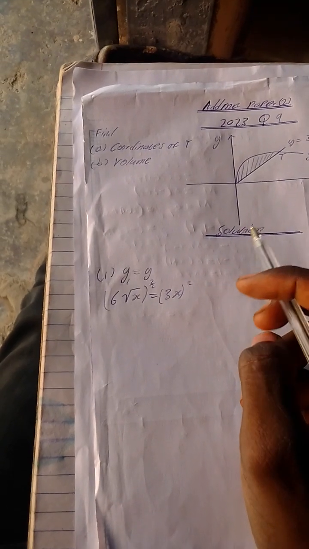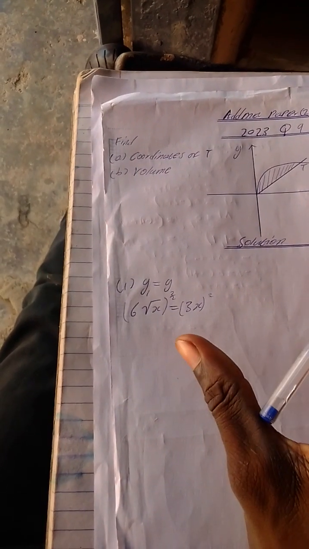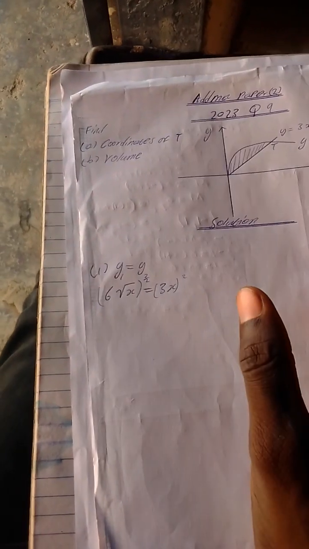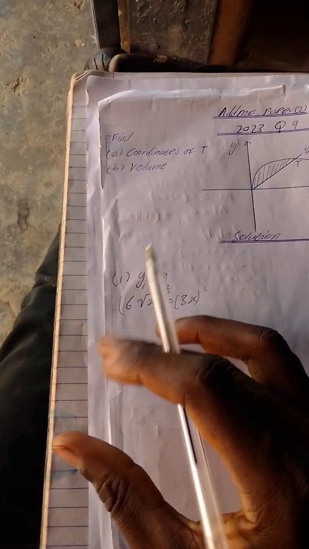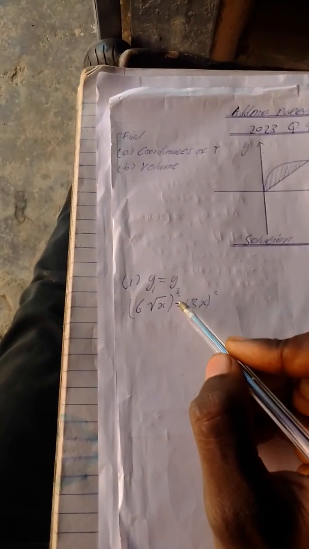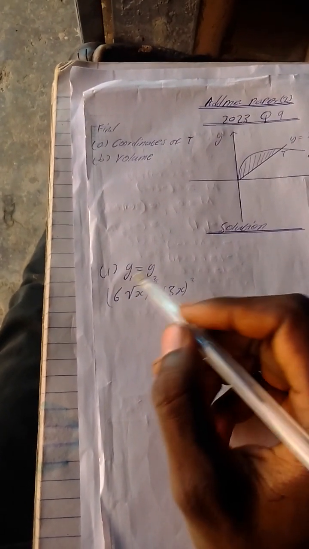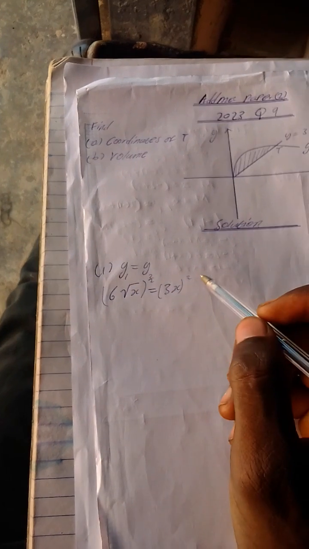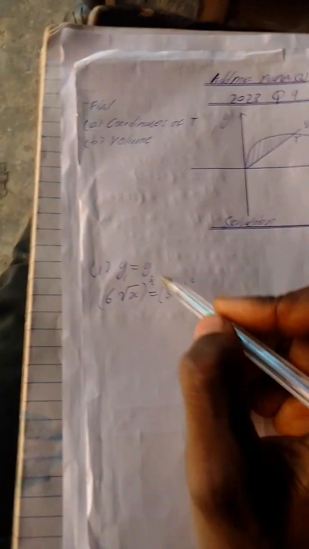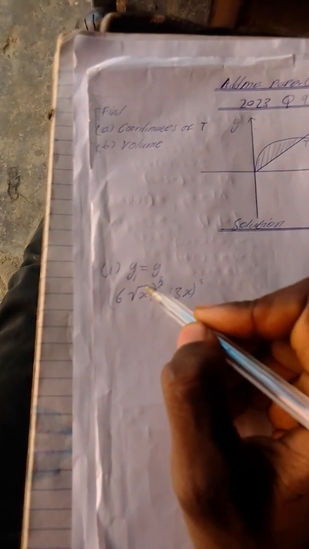In short, if you want to remove the square root, you follow the rule that what happens on the left side happens to the right side. That's how you do it. We have squared everything on the left side and everything on the right side, so that we can remove this square root here. Just cancel the square with the square root.